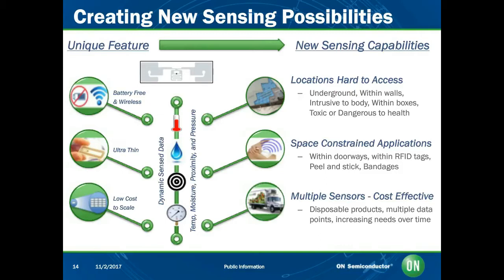They can be placed in an area where you don't want to have to access for maintenance, etc. They can also be very thin, so you can put them in areas where you don't have a lot of space. And because we're separating the sense element from the power and control, the cost to scale is lower. If there's an application where many sense nodes are required, the cost to scale with this approach is much less than using a traditional sensor.